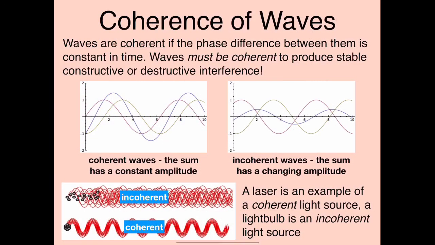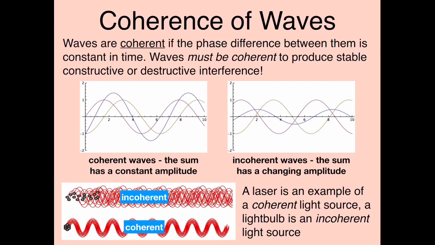Okay, so that takes us to the idea of coherence between waves. So we say that two different waves are coherent if the phase difference between them is constant in time. So if you think about it, if we want to have constructive or destructive interference that remains stable over time, we need our waves to be coherent.